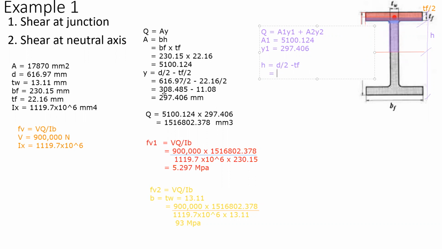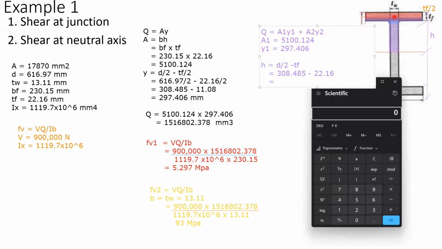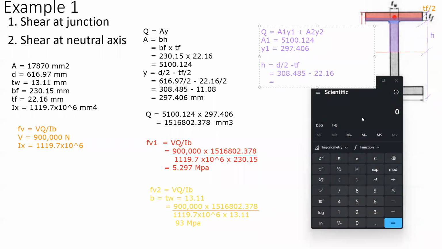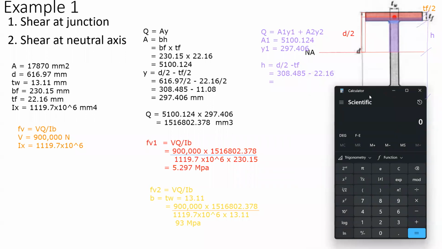We got that earlier, and that is 308.485. Minus the value of TF, this is 22.16. So, 308.485 minus 22.16.